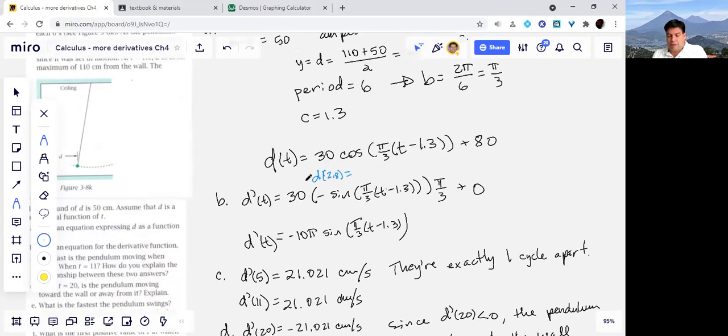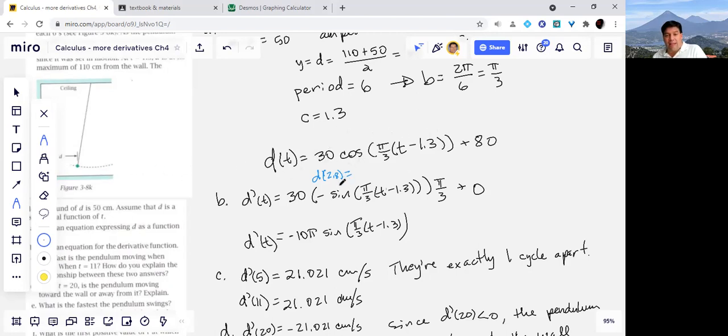Let's do this. Okay, so let's see, 30 plus 80. Okay, it happens to be 80. That means that this part turned out to be 0.